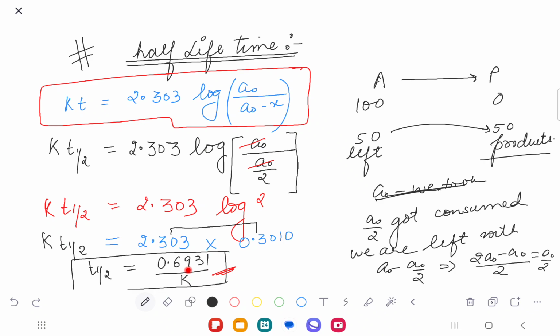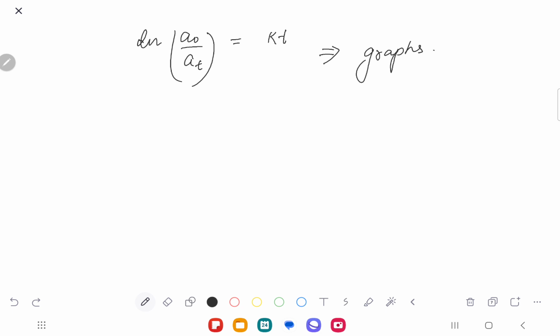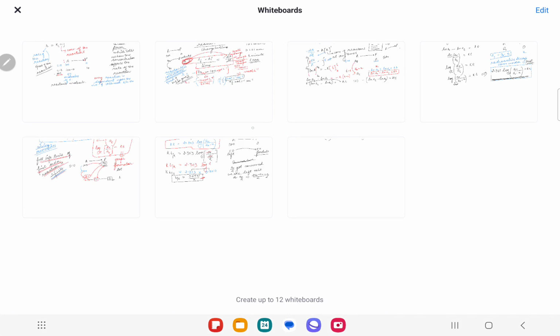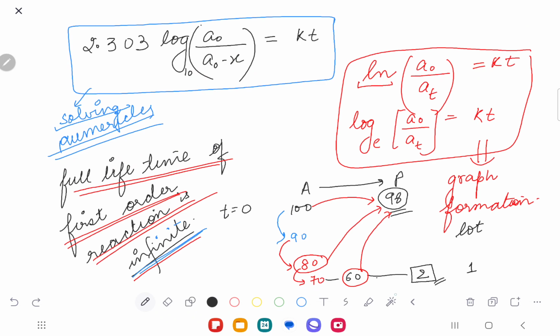All right. Now, just understand. So we have this half lifetime. Now, just have a look. Did I teach you that ln a naught by at was kt? Sorry. This was the equation I told you we are going to use for graphs, when I told you about the red equation and the blue equation. ln means log to the base e, and log to the base 10 is something that we work on.